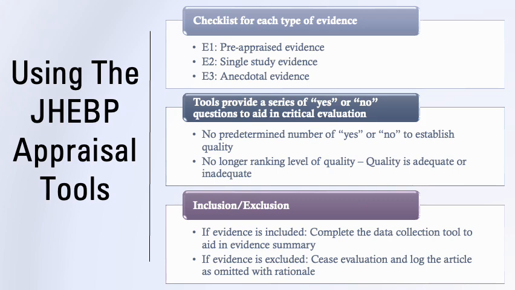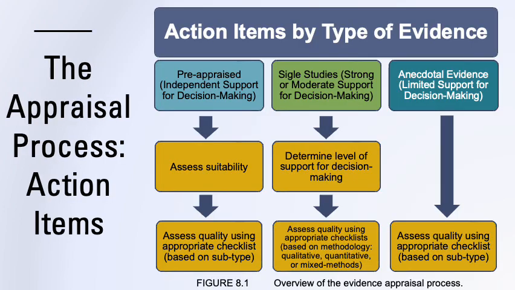So, to pool everything we've discussed together, each type of evidence is going to have specific action items for appraisal. When we are looking at pre-appraised evidence, we know this evidence provides us with independent support for decision making.